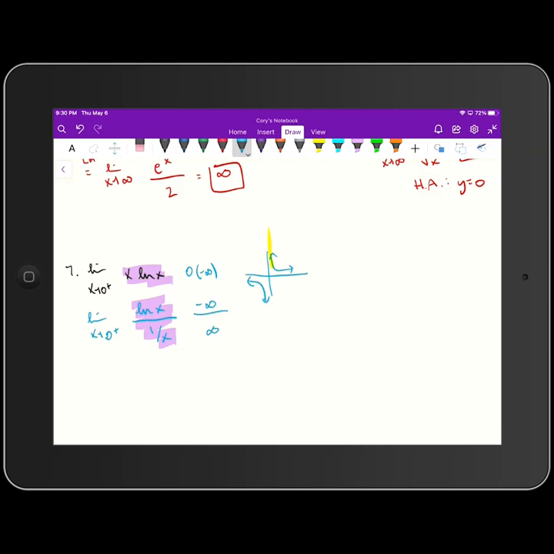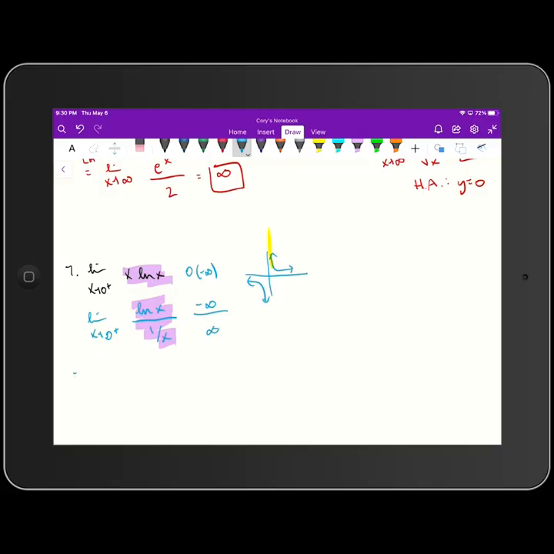Okay, so that is in the indeterminate form that we want in order to use L'Hopital's rule. So there are times that you have to take the function that you are given and algebraically manipulate it to put it into a form for which we can use L'Hopital's rule to evaluate the limit.